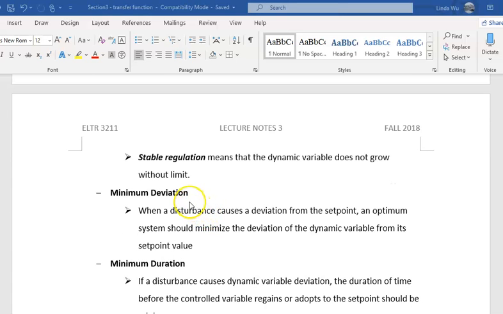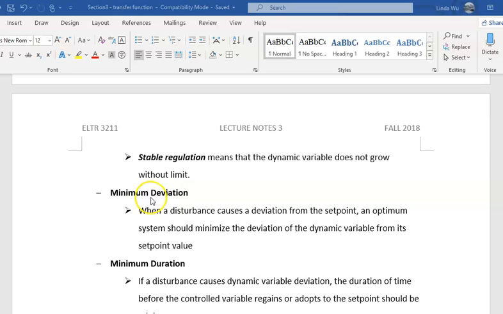Minimum deviation, as we talked about before, is the overshoot, basically the maximum deviation from the stable value. Sometimes in the oscillations there's an overshoot, and we want that overshoot to be as small as possible.